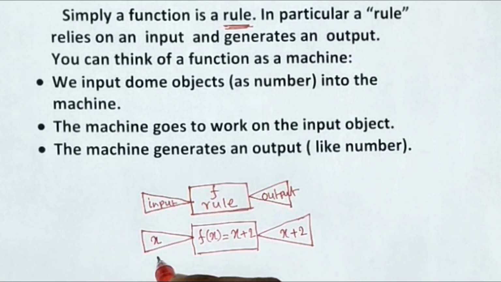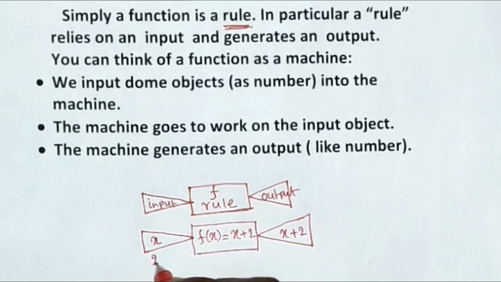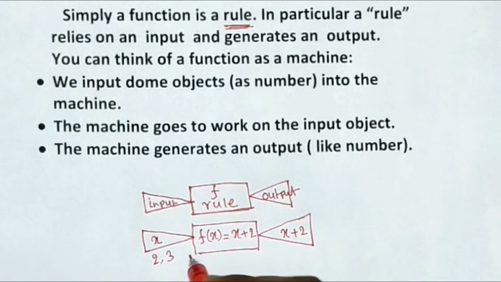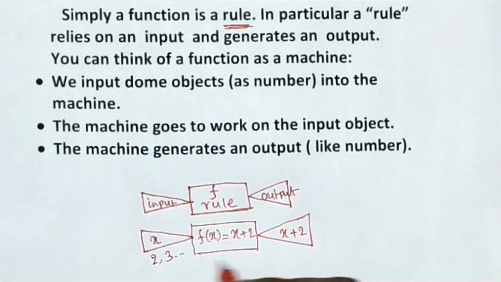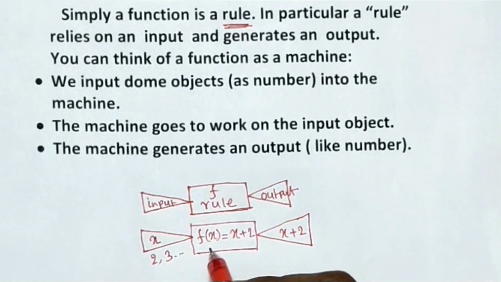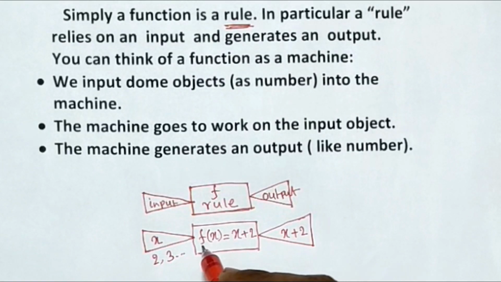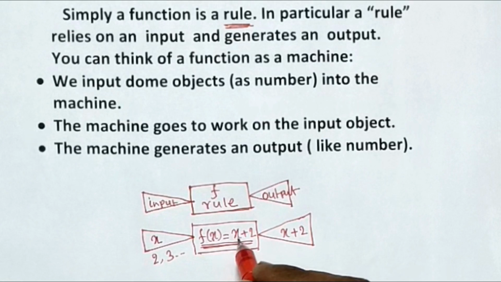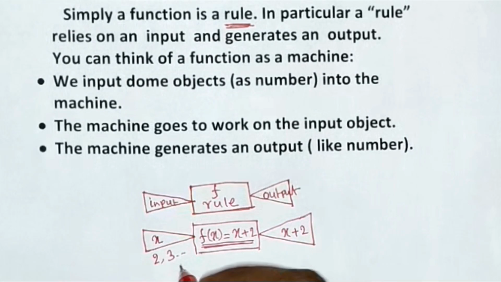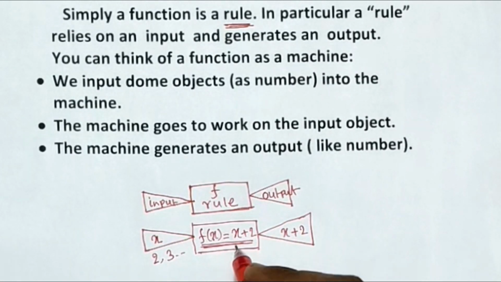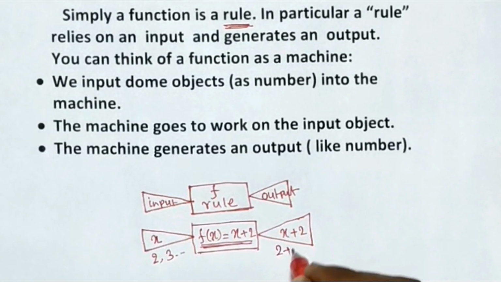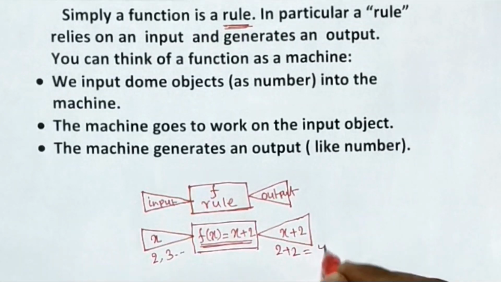For example, if we input 2, 3, etc., then the function or this machine goes to work according to this rule, that is, if we put some x, then the result gives us x plus 2. So if we put 2, then it gives us 2 plus 2 as a result, which equals 4.